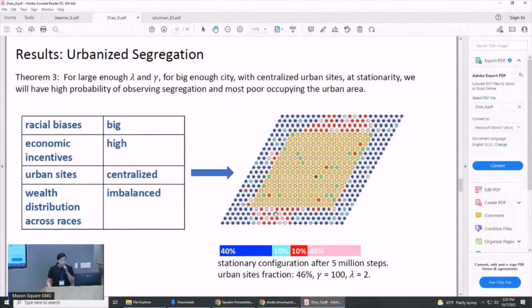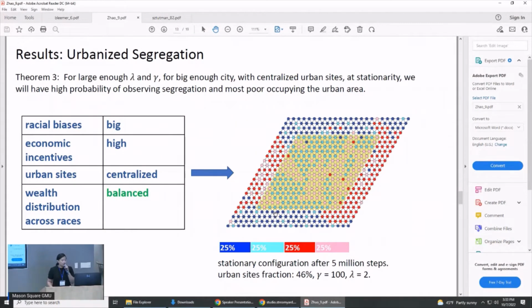Then we also investigate what happens if both racial biases and economic incentives are high. And we show that for centralized urban sites with wealth inequality across races, we would observe urbanized segregation of one race at stationarity, like this picture shows.